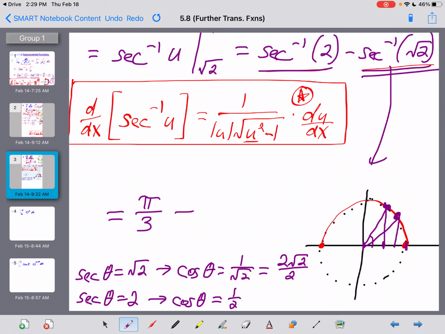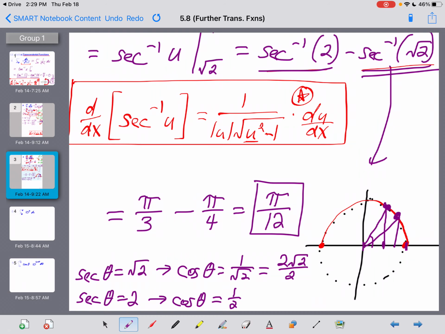Okay, so that's going to be a pi over 3 minus a pi over 4. And when we try to put all that together, that is a 4 pi over 12 minus a 3 pi over 12, and we are going to get pi over 12 for our answer to example number 3.